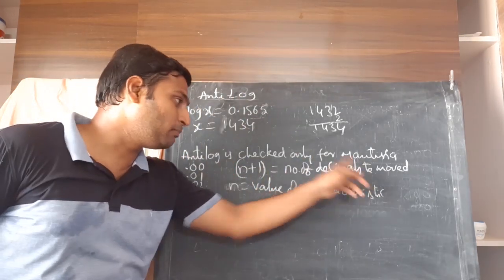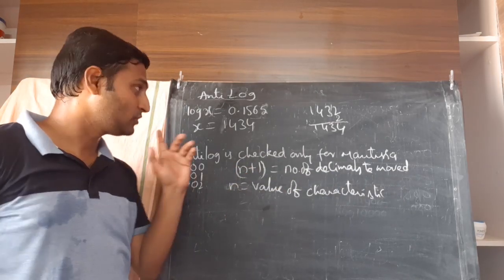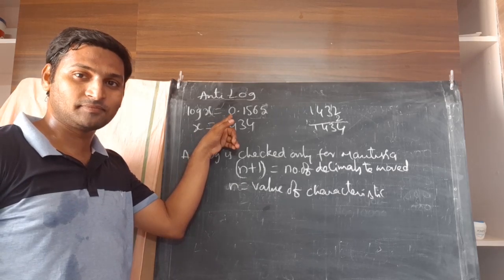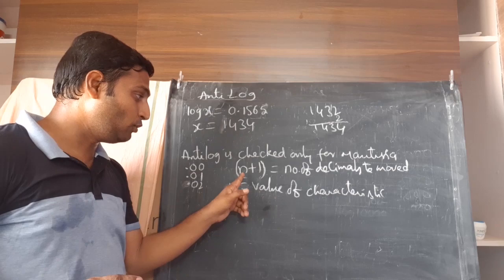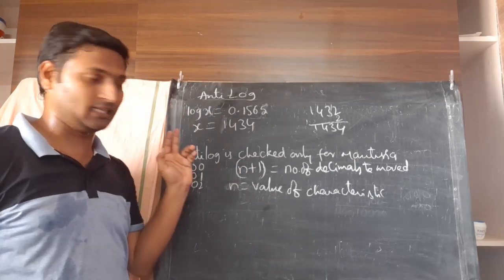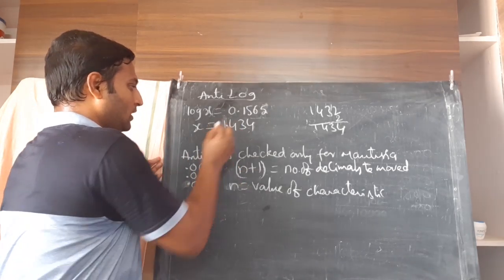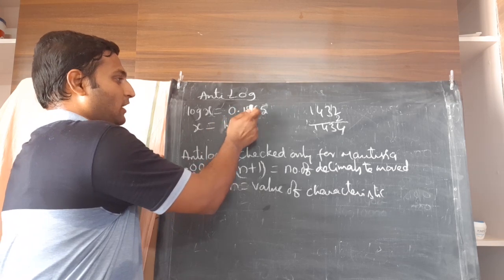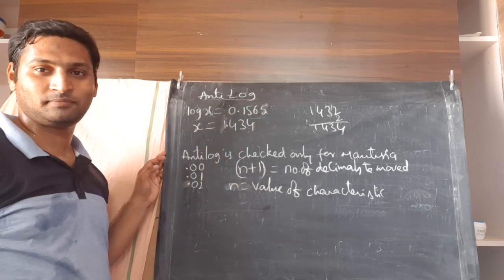So here how much is the characteristic? 0. So I should move 0 plus 1, that is 1 decimal. So if log x is 0.1565, x will be 1.434.